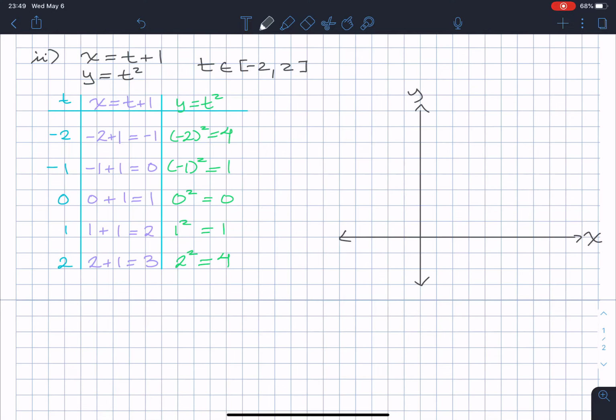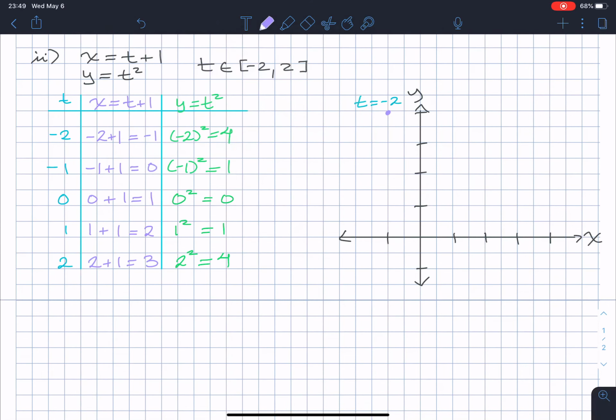X and y. Let's do 1, 2, 3, 4. Negative 1, and 1, 2, 3. 1, 4. Okay, so my first point is at negative 1, 4. So this is when t is equal to negative 2.